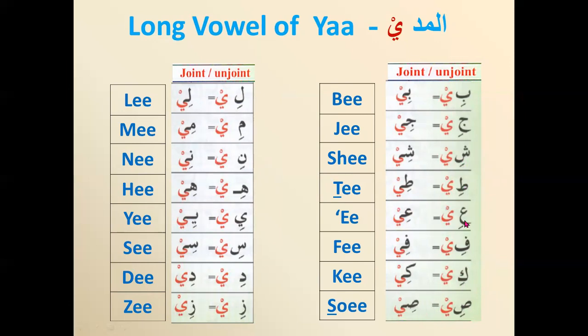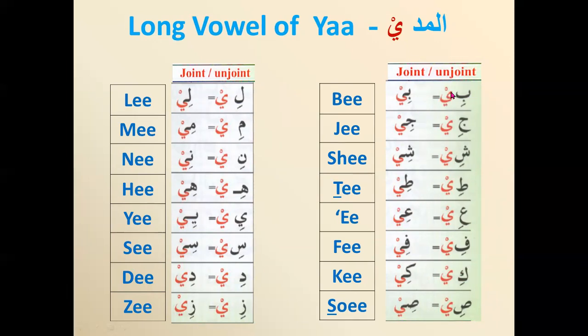So always remember, if the kasra is here, the long vowel should be ya. If damma is on top, the long vowel should be the waw sukun. If the vowel is fatha, then the long vowel should be alif sukun.